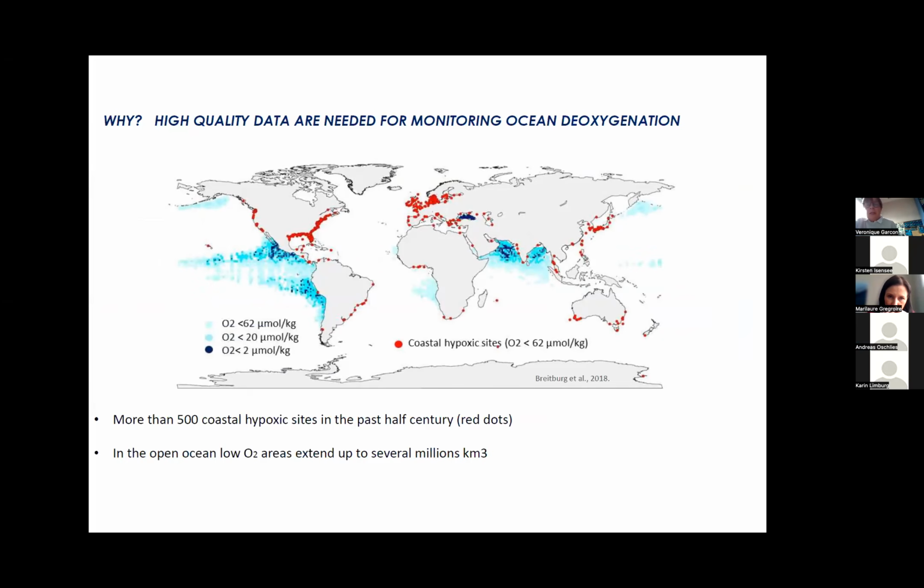The blue dots here show the open ocean regions with a minimum oxygen zone, and their volume has quadrupled over the last 50 years. The ocean has lost about 2% of its oxygen inventory, meaning 77 billion tons of oxygen over the last 50 years. And we definitely need high quality data to monitor properly this oxygen decline.